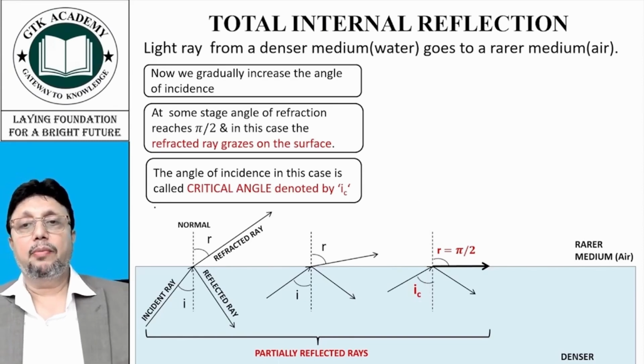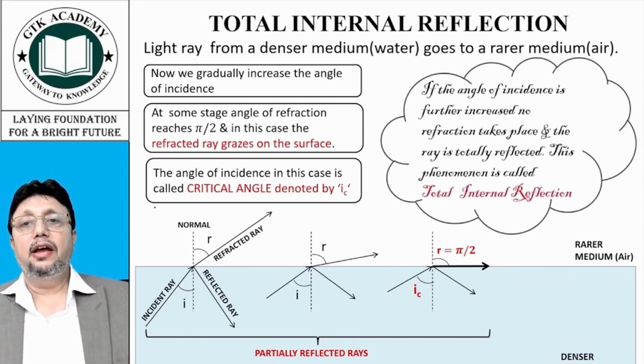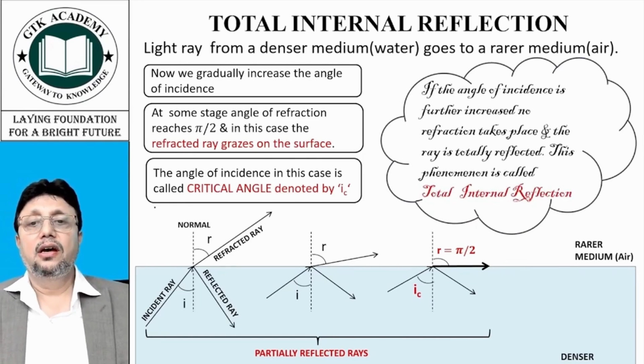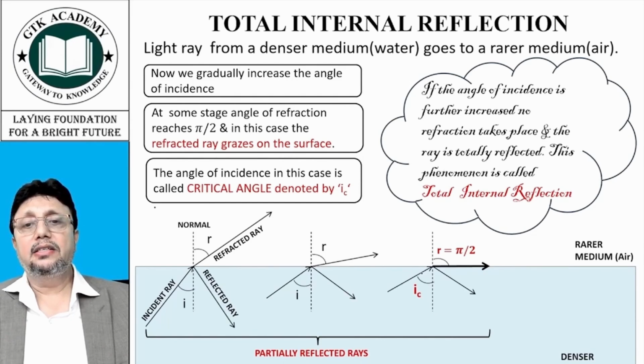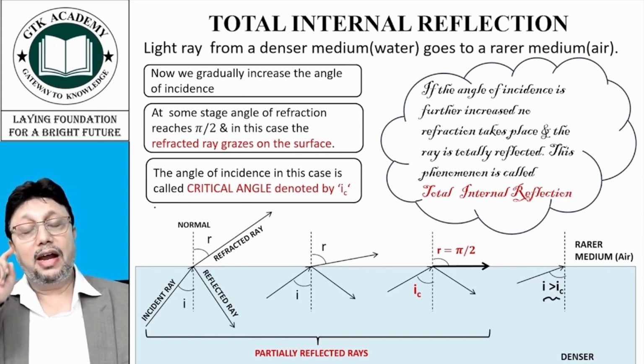Anyway, I'll clarify what will happen. If the angle of incidence is further increased, no refraction will take place and the incident ray will be totally reflected. Like if I is greater than IC, then there will be no refraction.